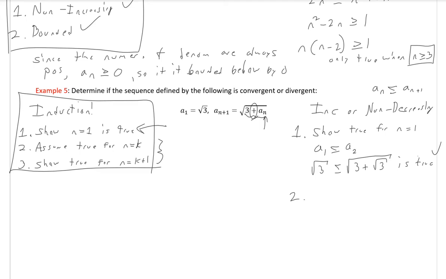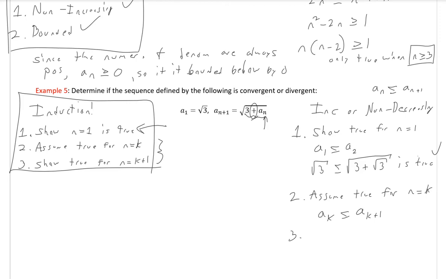Now what we're going to say is assume true for n equals k, which means that we want to assume that a sub k is less than or equal to a sub k plus 1. So we're going to assume that is true.